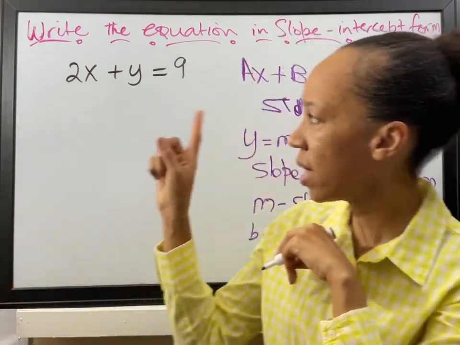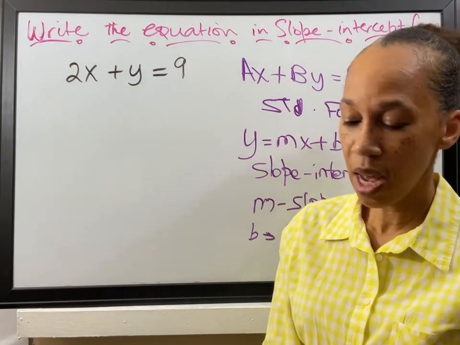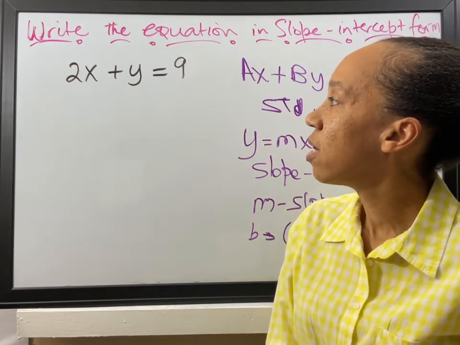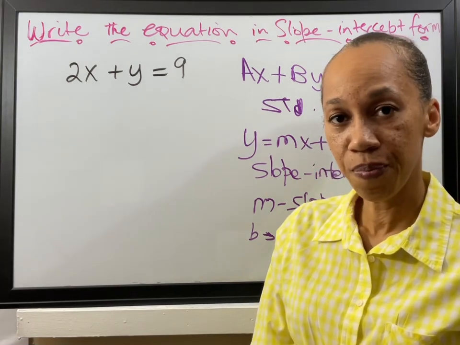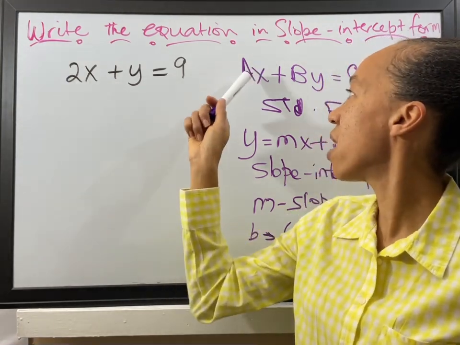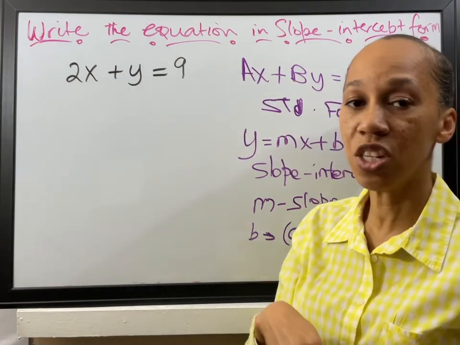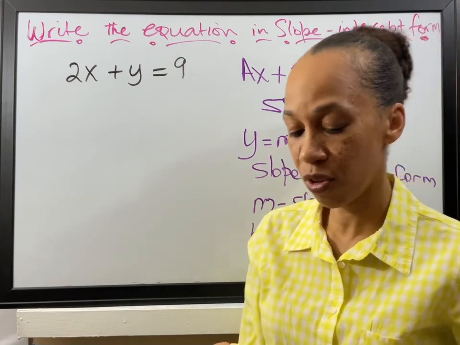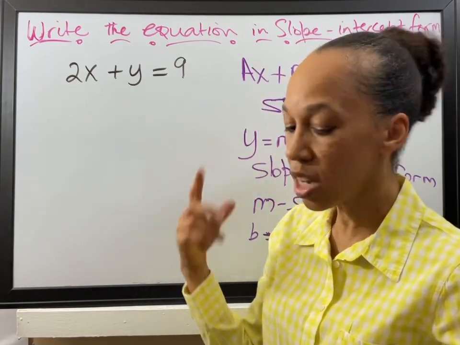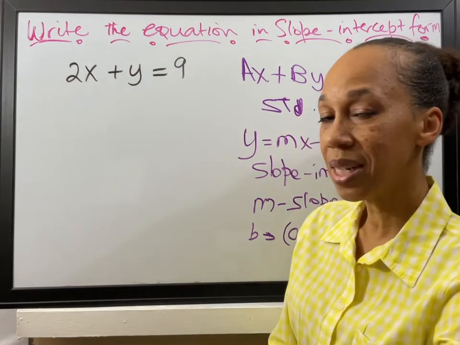Now, if you look at this particular problem here, you will notice that the y is not by itself. This is in standard form because the 2 would be your a, and the 1 would be your b, and the c is your 9. The value of c is 9. Now, in order to change this, we need to get y by itself.